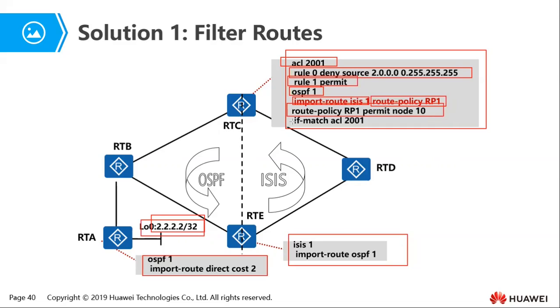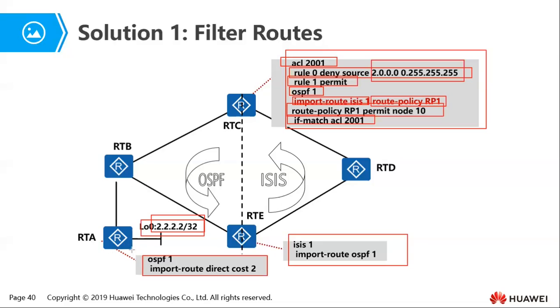We are simply saying if match ACL 2001. ACL 2001 is simply denying this route. So this route can no longer be advertised from ISIS back to OSPF because already we have advertised it.